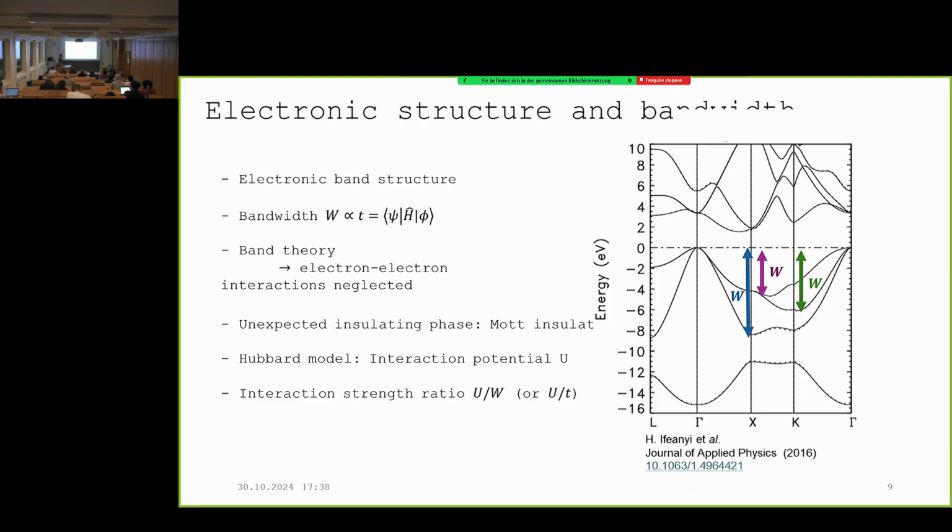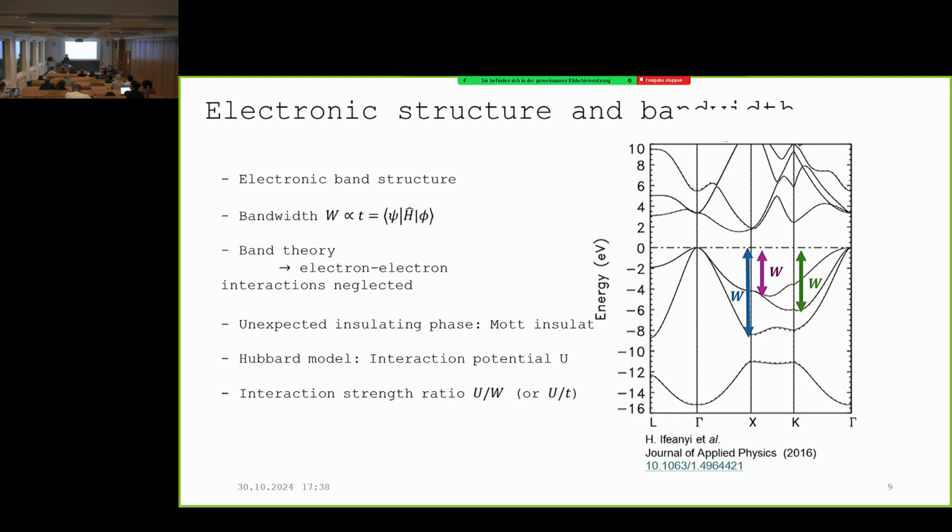Okay, so now let's actually get into electronic band structures really quickly. Here there's a plot of a random material. It doesn't really matter for our purposes. We just have continuous bands and bandwidths. We have energy on the y-axis, and we actually plot these band structures in momentum space with specific high symmetry points.